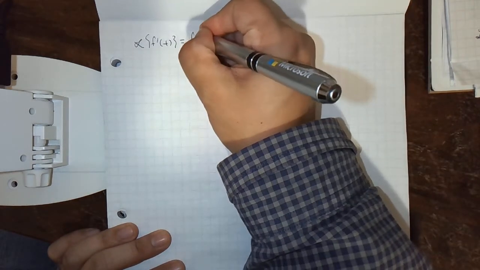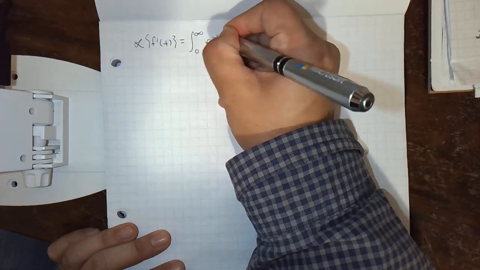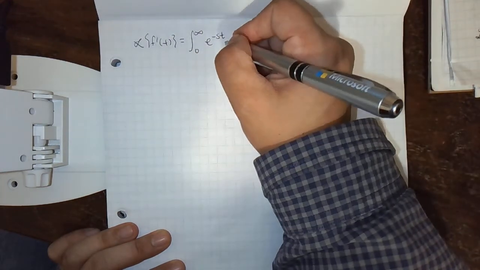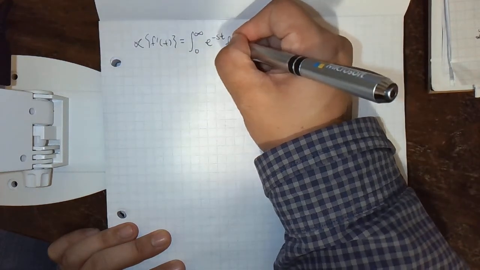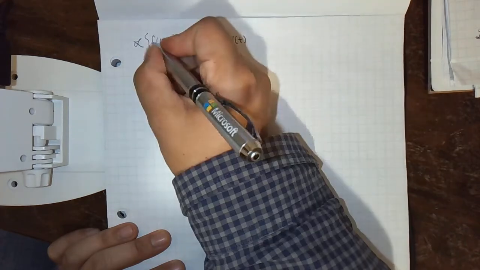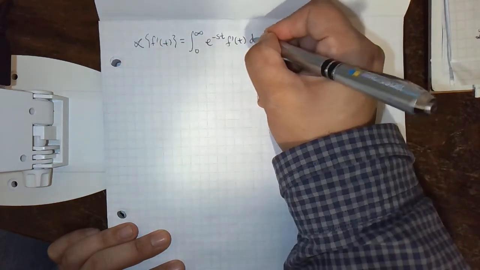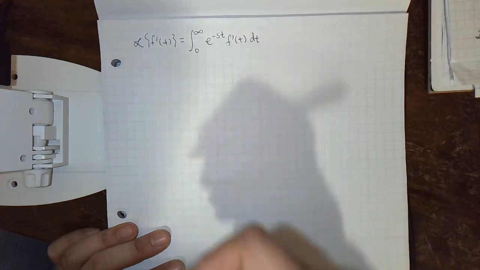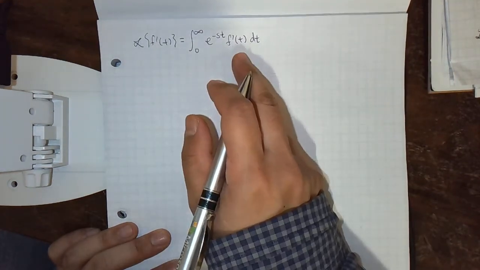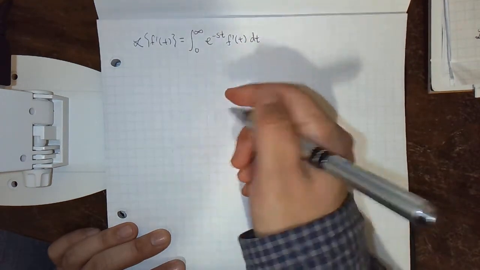So let's just use the definition of Laplace transform to do this. So integral from 0 to infinity e to the negative st, and then we're just going to take whatever's in here, put it here, dt. Okay, and then we need to do integration by parts to get rid of the derivative.